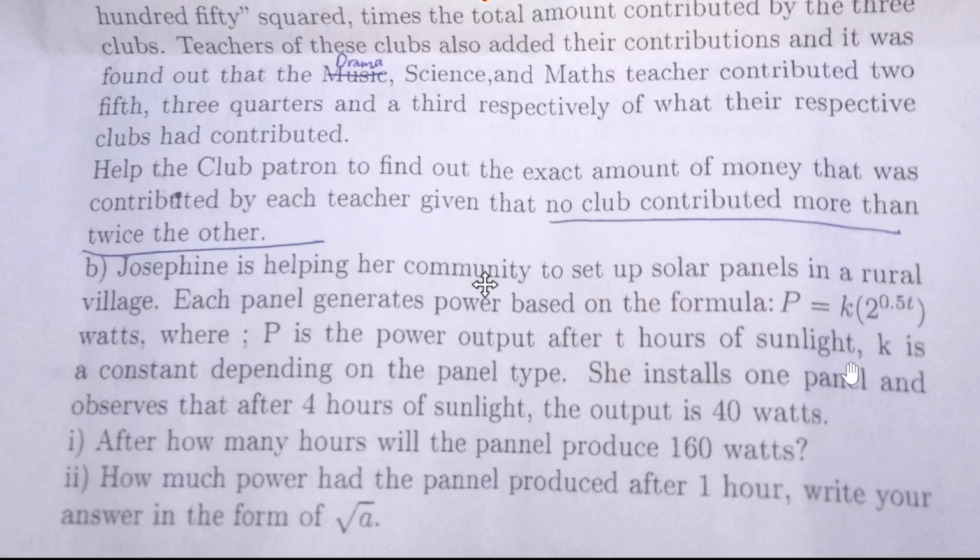So the first thing we have to do is to find K, given the necessary information from the question. So if you look at part B, the values we need are, we were given 4 hours, we're given 40 watts, and then we want to know the time taken to consume 160 watts.